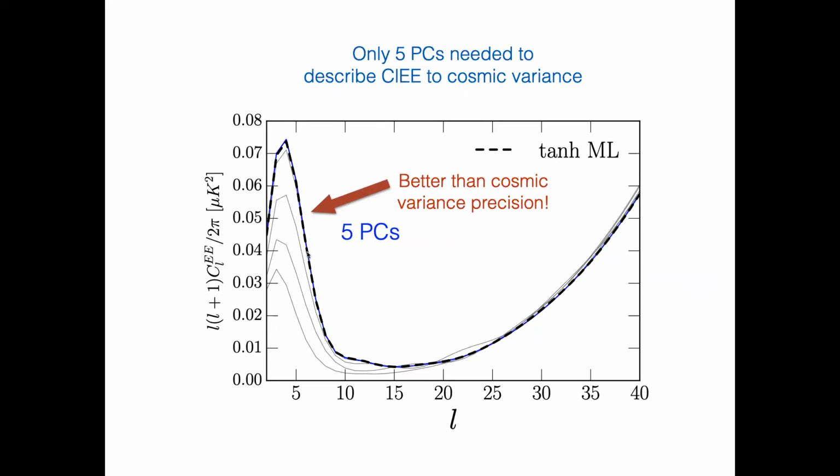We only need 5 to describe any cosmic microwave background data to cosmic variance precision. So it's way enough for Planck. Of course, the number 5 is also tied to the particular redshift range you're looking at, between 6 and 30, which is what we're doing right now in our fiducial analysis.